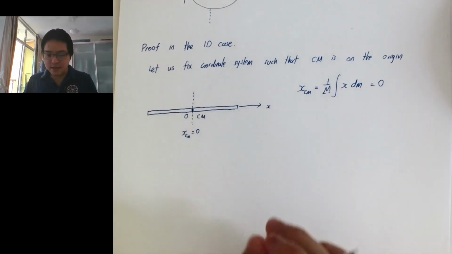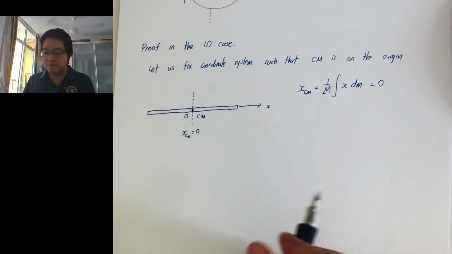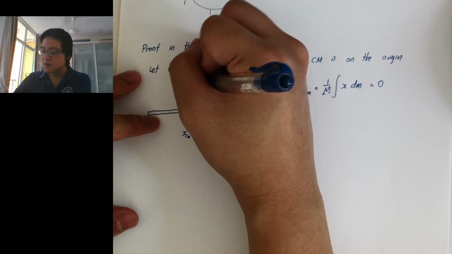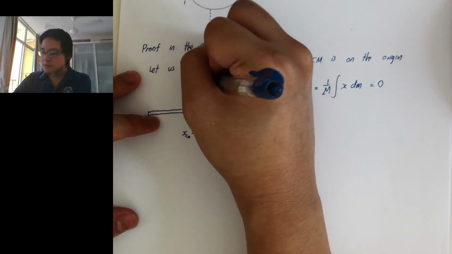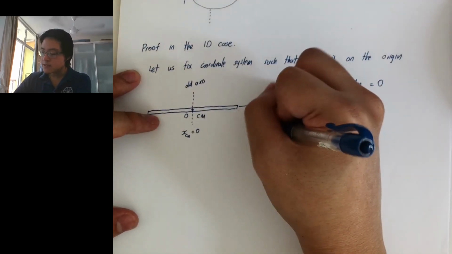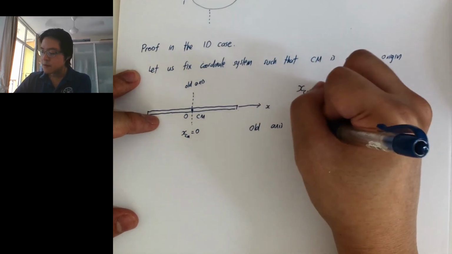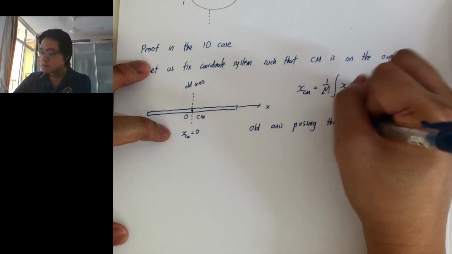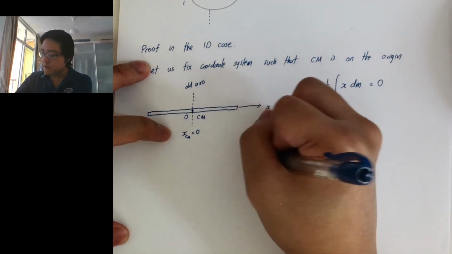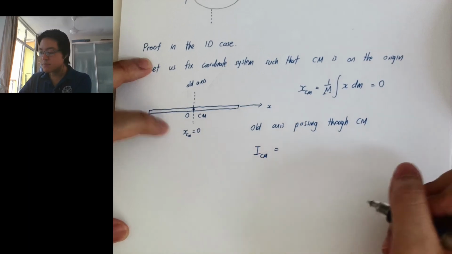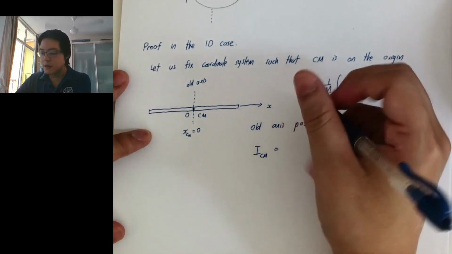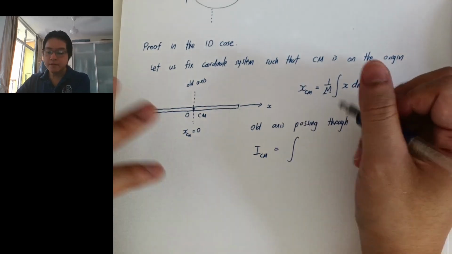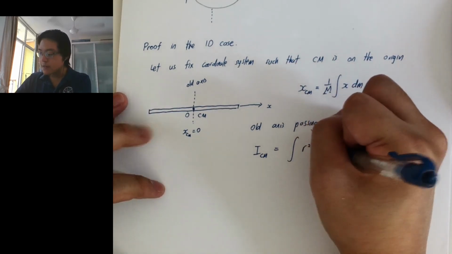So this is what we have now. This is my original axis, or O axis. My O axis passes through the center of mass. So the moment of inertia about the center of mass is something that we can easily calculate. It's just the integral of r squared dm. Remember how we calculate?